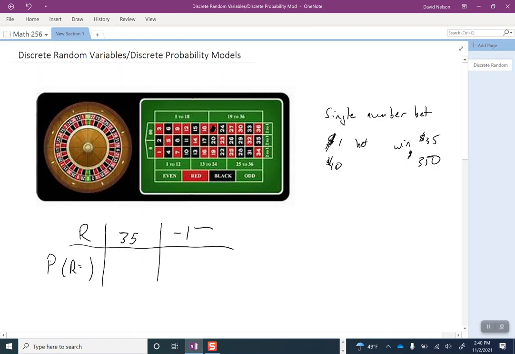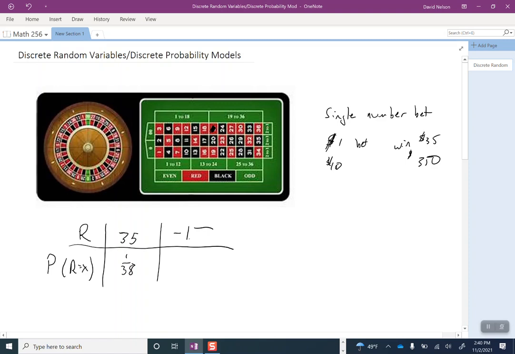The probability that R equals 35. Well, the probability that your one number comes up, there's a total of 36 numbers, 1 through 36, plus the 0 and the 00. So there's 38 possible options there. And the probability of it landing on the 21 is 1 out of the 38 possibilities. So you've got a 1 in 38 chance of winning the $35.